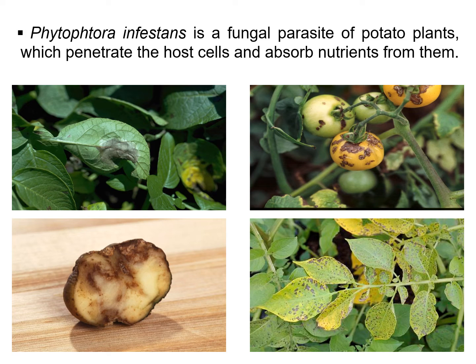I gave you a few examples, including tomato, potato, and the leaf of the plant itself, where we can see the infections of the fungal parasites on the skin or the outer layer of the fruit, as well as the epidermis of the leaf. They normally harm the plant by absorbing all of the nutrients directly from the plant tissue, which may cause the whole plant system to die.